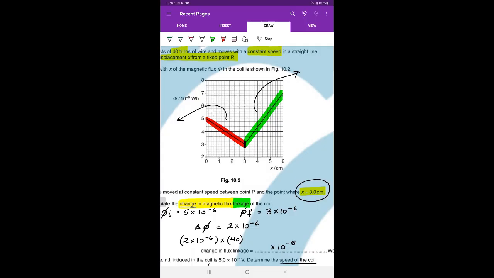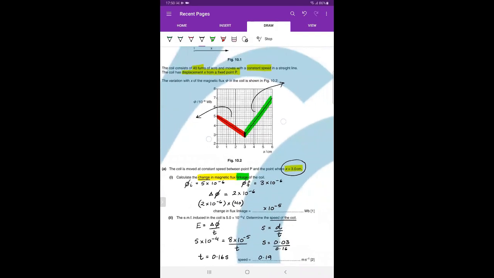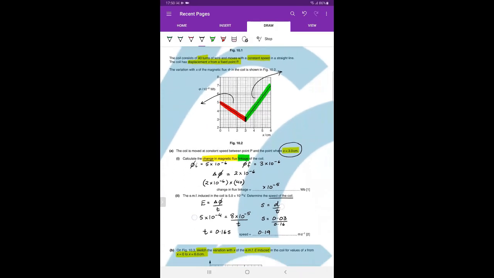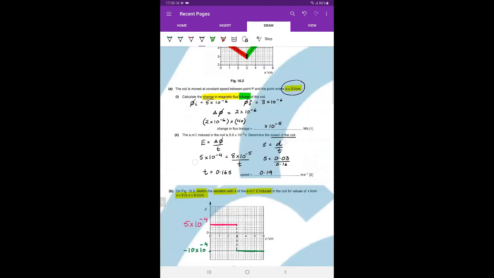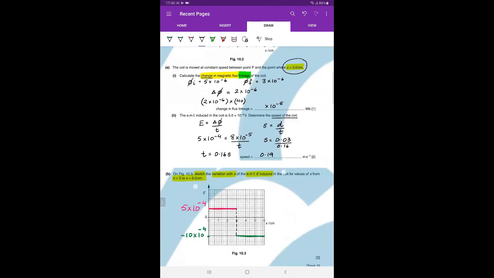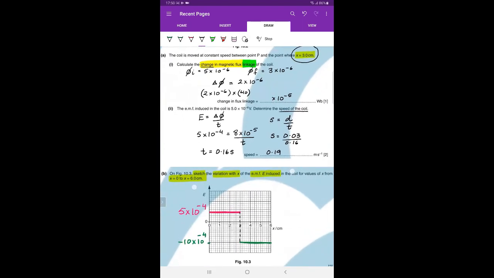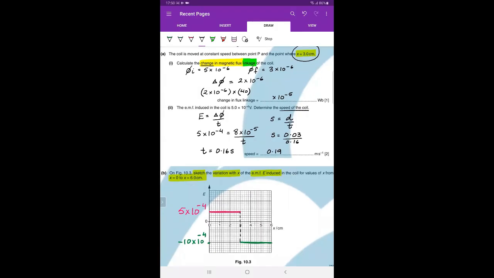So if you are okay with the fact कि green वाले portion के अंदर the change is double as compared to red, so hence on the basis of that, I established that the value for the green portion must also be exactly double as compared to the value for the red portion.